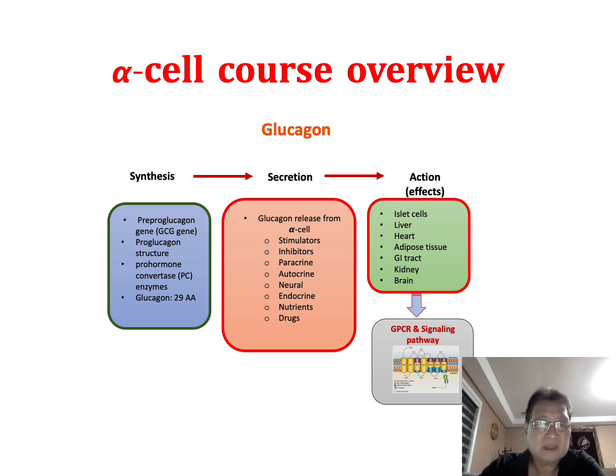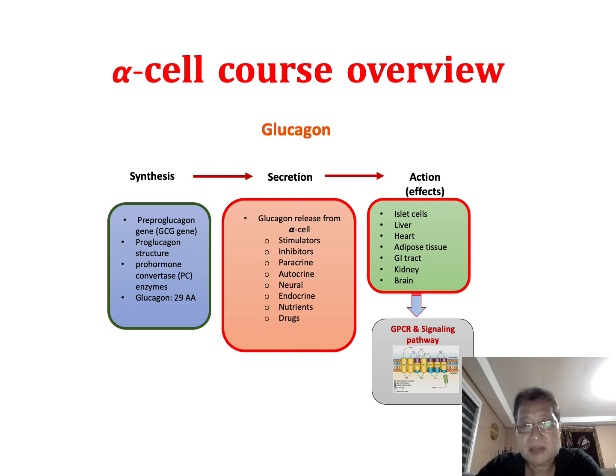It's about a 180 amino acid sequence that is present in the alpha cells. It can also be present in gut cells, in the brain, in the islet cells, etc.